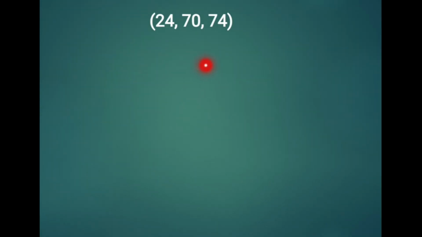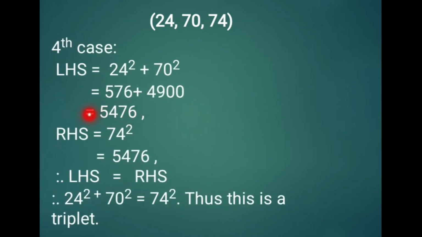Now in the fourth example, the greatest number is 74. So we first find the sum of squares of 24 and 70. So in LHS we find the square of 24, that is 576, the square of 70, that is 4900.